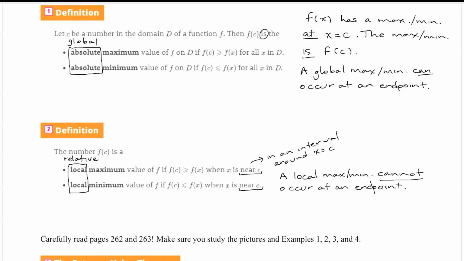And they have an example at the top of page 264 about this. So if the function is defined on an interval that's not all real numbers, there's some restriction there, then you can have a global max or a global min at one of those endpoints.